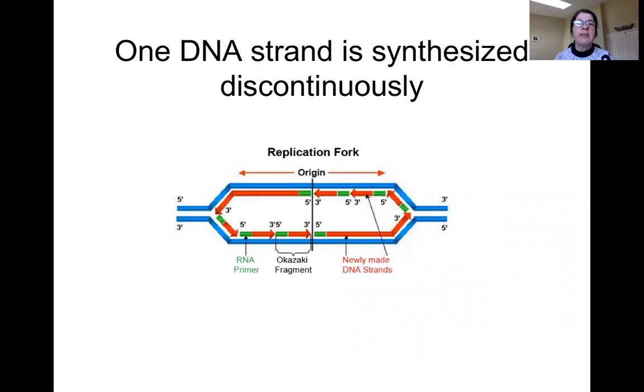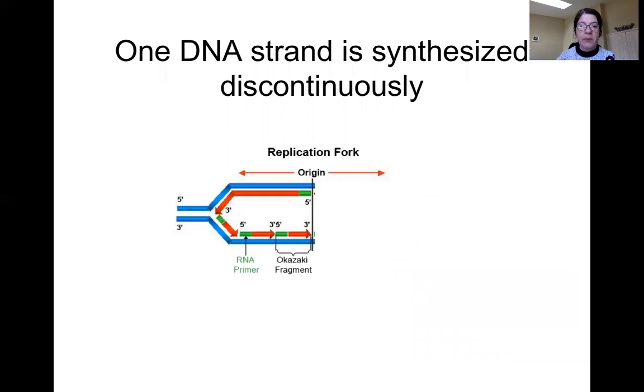One DNA strand is synthesized discontinuously. It is called the lagging strand. There is a leading and there is a lagging strand. Okay, so let's look at half a fork. So the template strand here is 5' to 3'. The primer is right here in green, and DNA polymerase is now going to synthesize from 5' to 3'.